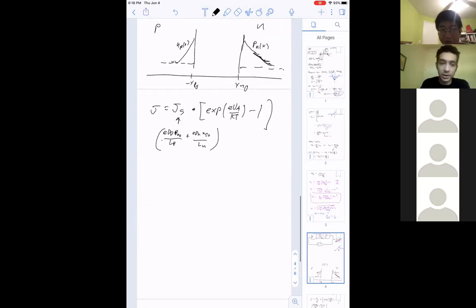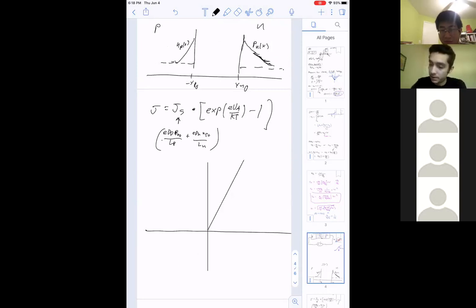So if you plot an IV curve for an ideal diode, what you're going to get is something that looks like this. Sorry, it's kind of hard to draw. It's like a hockey stick.